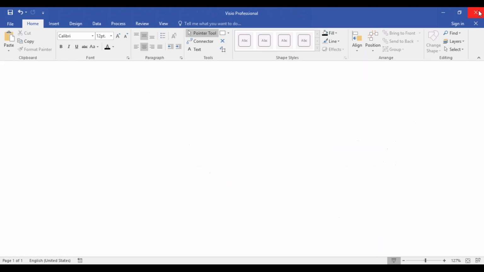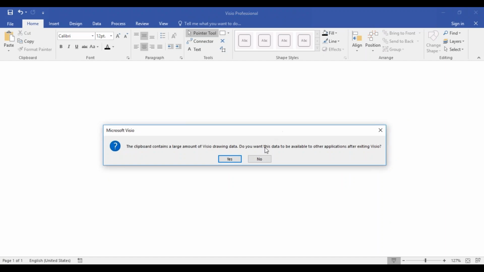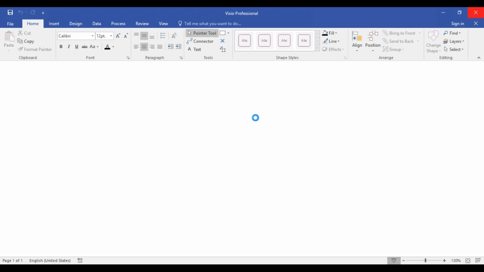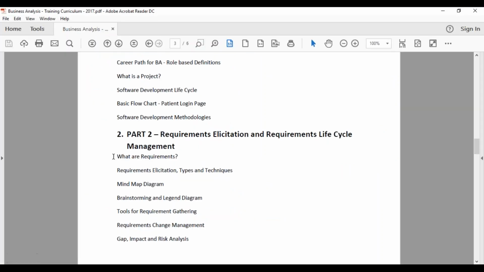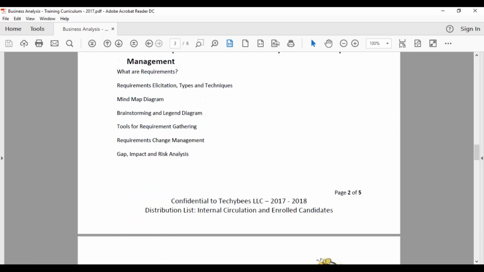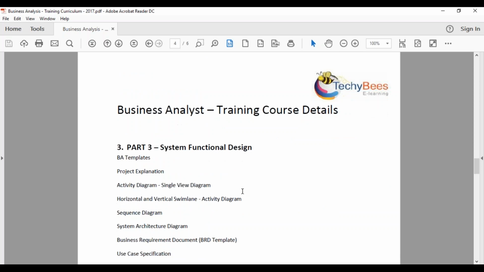Good. So do you have any questions for me? We have completed the requirements management lifecycle to the maximum extent possible. We have done with the diagrams. Requirements change management, CCB, gap analysis, impact analysis, risk analysis, and the corresponding templates is what we're going to see in our next session, followed by system design.